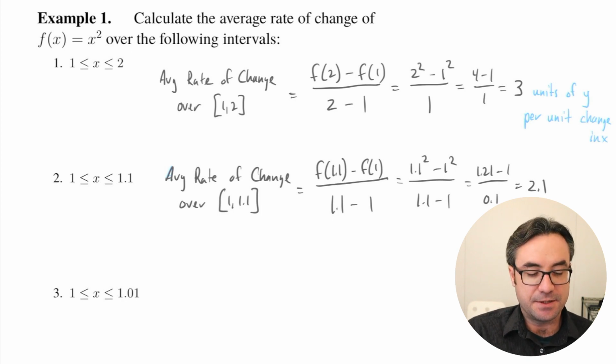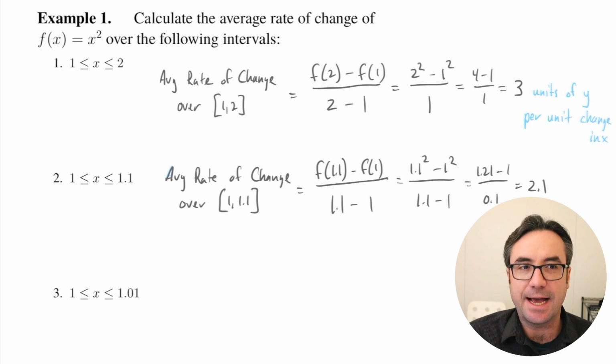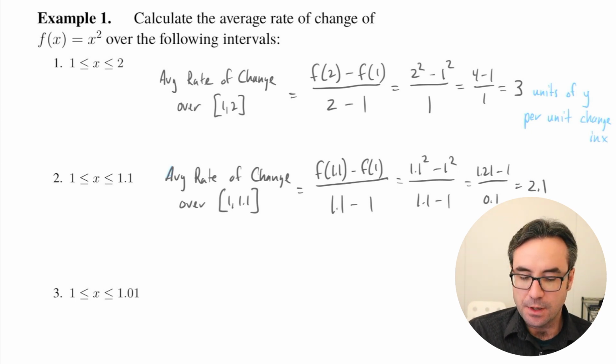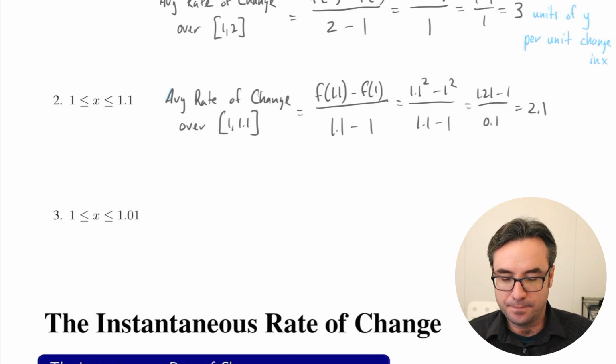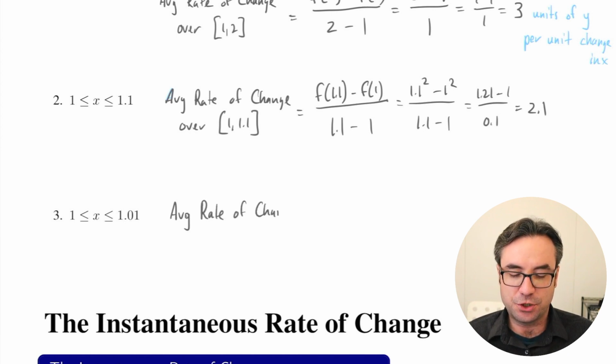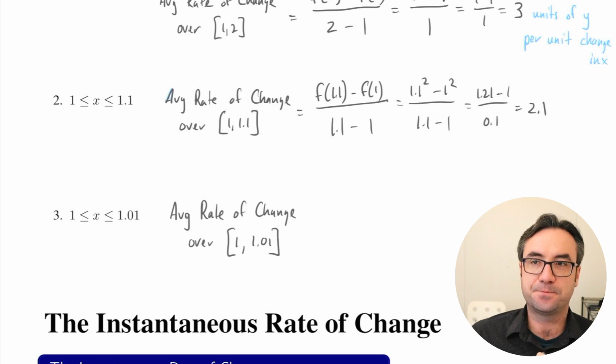So this is telling us how much our y value is changing per unit change in x. All right, so let's just shrink the interval just a little bit more. And let's look at the average rate of change over the interval from 1 to 1.01.